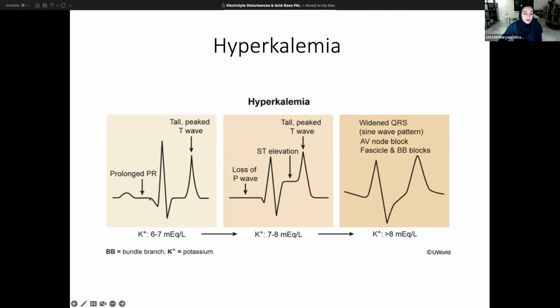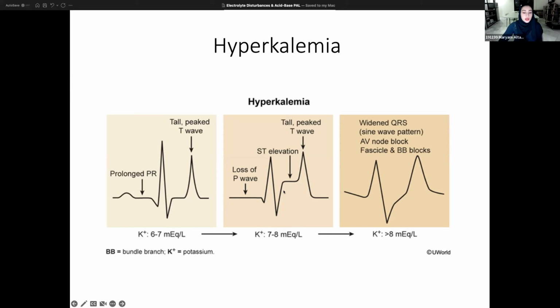Okay, you have prolonging of the PR interval, and you start to have a tall peaked T wave. Okay, so this is the main characteristic thing that you're going to see in hyperkalemia. It can also be seen in some MIs, but just keep in mind tall peaked T wave. And then the phase after that is, first we had a prolonged PR interval, then we completely lost the P wave, okay?